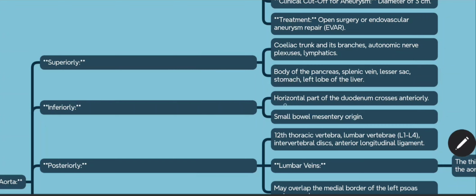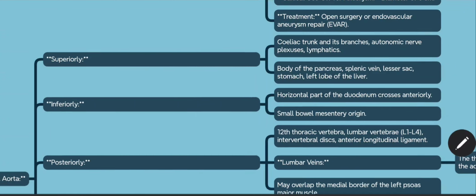Inferiorly, the horizontal part of the duodenum crosses anterior to the inferior part of the aorta, along with the small bowel mesentery origin.